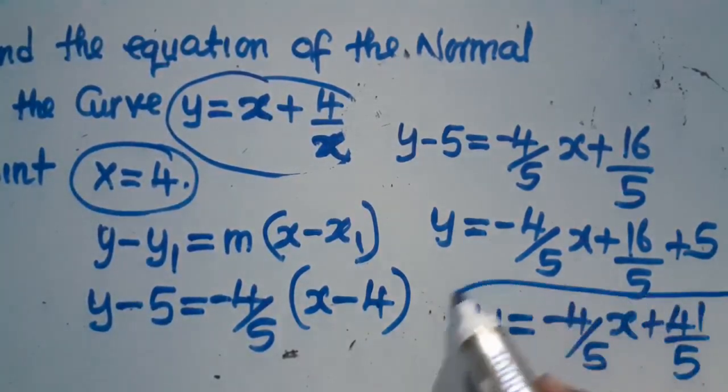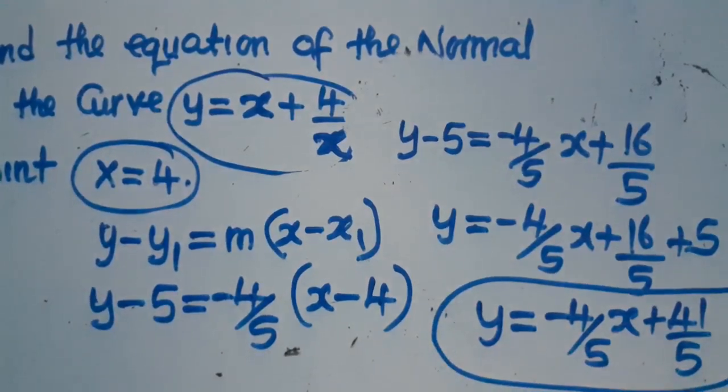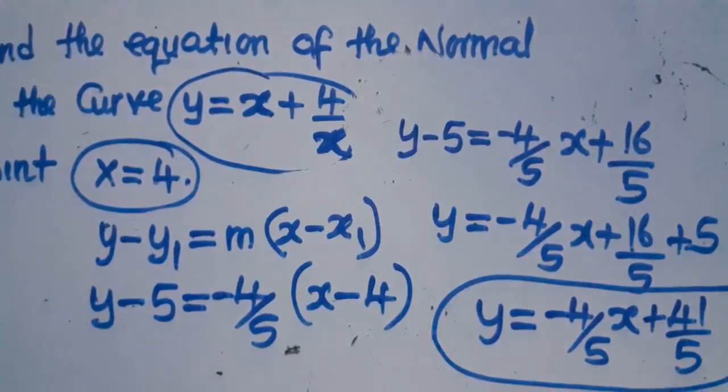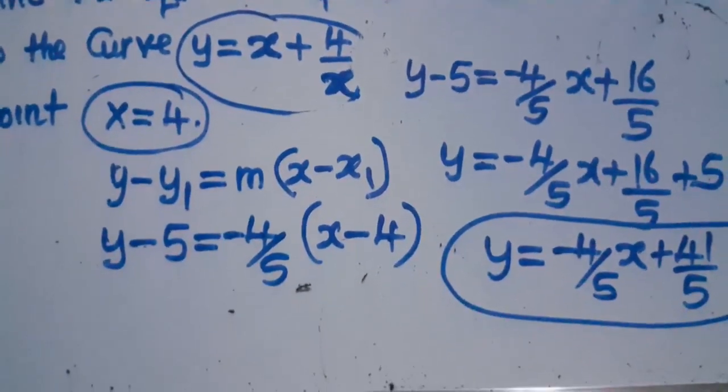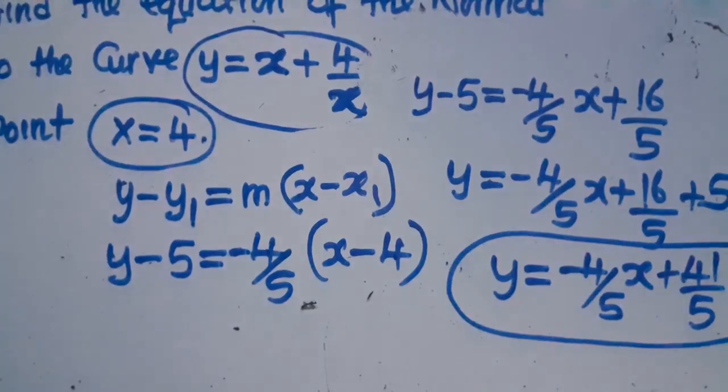So this is your answer, the equation of the normal. This is what you are supposed to do. Hope you have seen everything that I've done and followed all these procedures. This is what you need to get and understand. These are simple things that you are supposed to know.